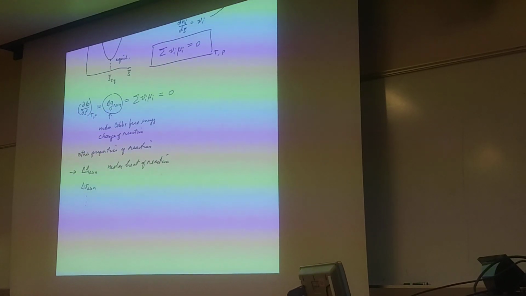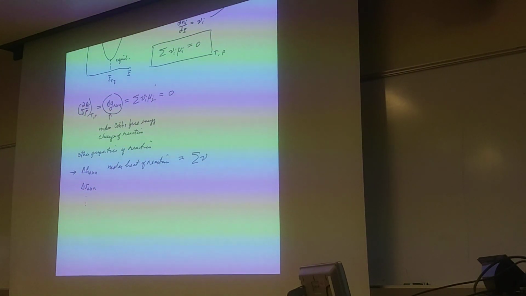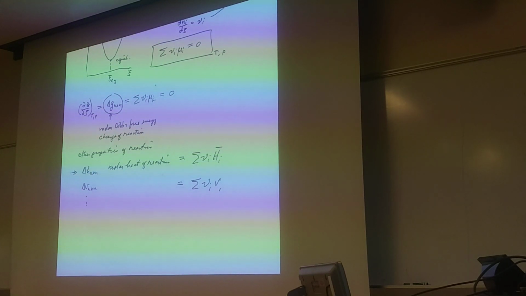We can look up here at the format and construct these either as ξ derivatives of the extensive property, or we can express them in terms of partial molar properties. Maybe that's worth doing. I could write this thing out, for example, as ν_i times partial molar enthalpies, and this would be ν_i times partial molar volumes, and so forth.